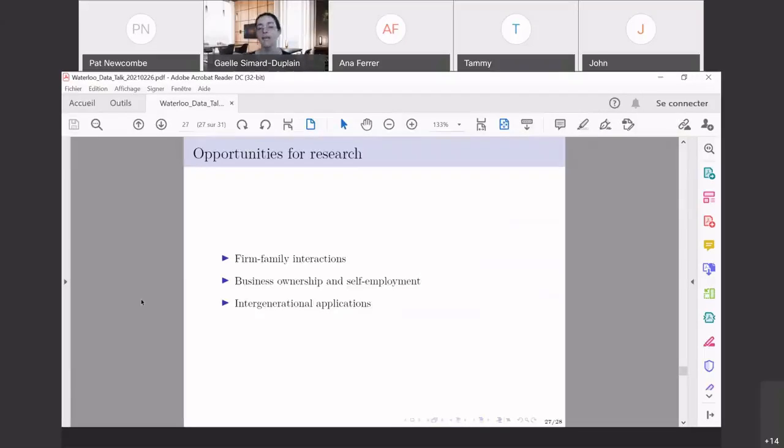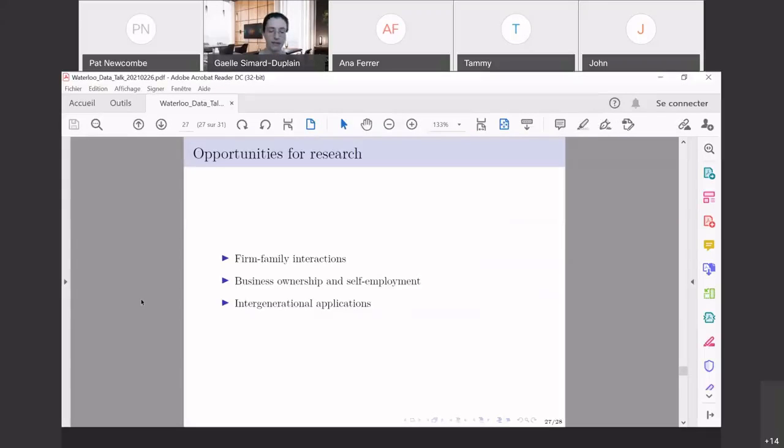My main takeaway from those results is that there's lots of material in terms of firm and family interactions that deserves our attention to understand gender pay disparities. And we see some of that evidence when we look at the differences by marital status.